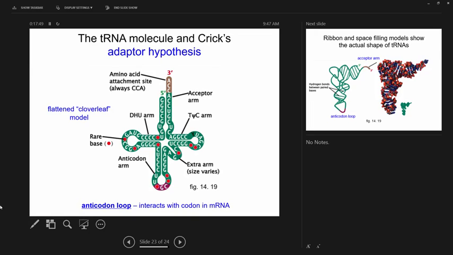It does show, however, the two important parts of the transfer RNA molecule that I'm going to expect you to know. The first one up here is called the acceptor arm. The 3' end of the acceptor arm is where the amino acid is going to hook. So this is the adapter, right? And down here on the bottom, the anticodon arm is going to contain the anticodon loop. The anticodon loop is going to interact with the messenger RNA through regular base pairing.